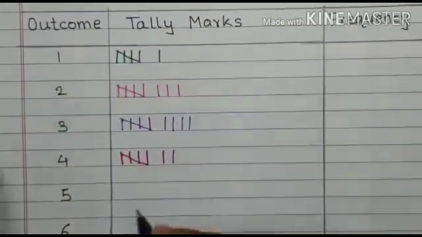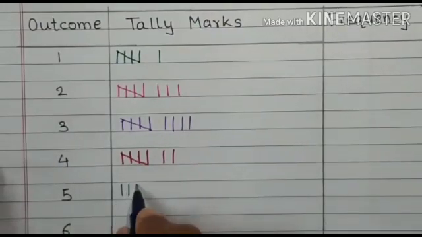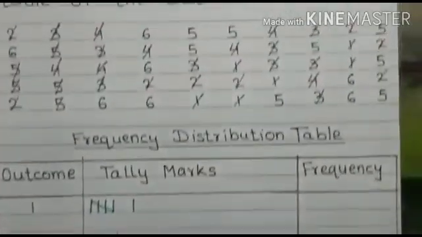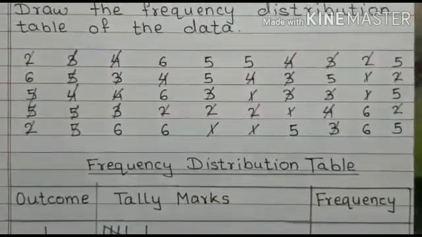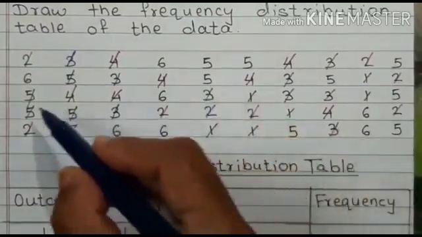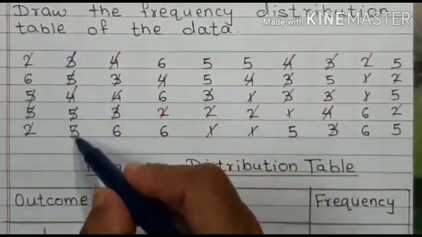Yes, I am giving for 5. 1, 2, 3, 4 and 5. Remaining I will count. See, I was here. 1, 2, 3, 4 and 5.